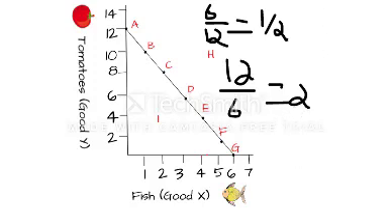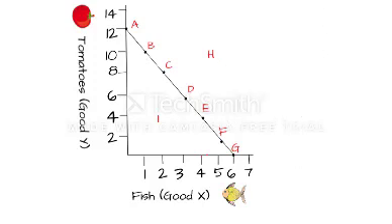Now keep in mind, this is only for constant opportunity costs, and the way you know it's a constant opportunity cost is if the line is straight. You'll see soon the line is going to be bowed if the opportunity cost is increasing. Then you'd have to find the opportunity cost per each point.